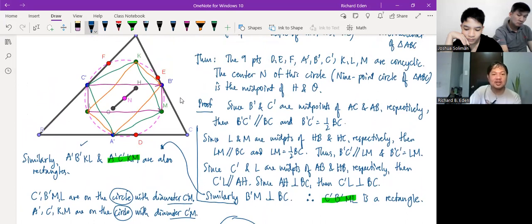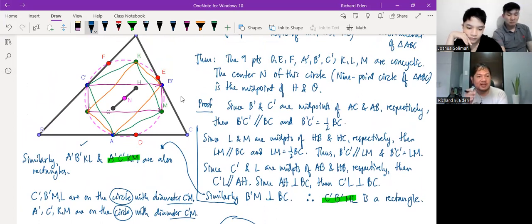The red points D, E, F. It suffices to show that one of the red points is on the same circle because the same argument would hold for including the two other red points in the same circle.